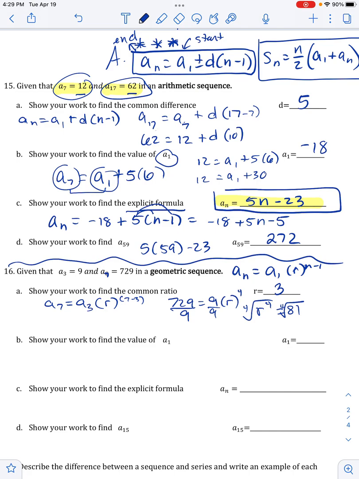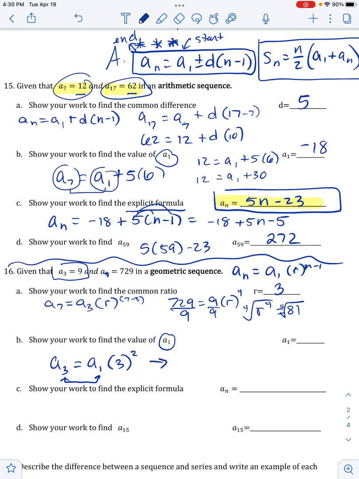Good, now I know that moving forward. Now I need to figure out A1. Okay, well, A1 times the common ratio that I just figured out will get me to, and I have 2 numbers up here, I'm going to use A3 because it's the closest. And if I'm going from A1 to A3, I'm only going to be using my R 2 times, 3 minus 1.